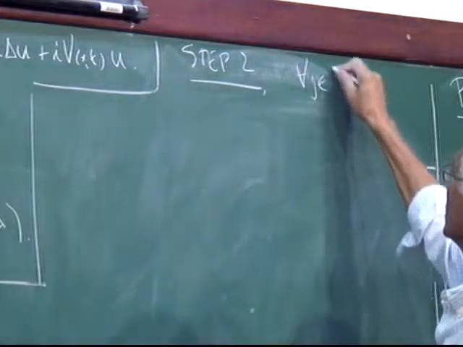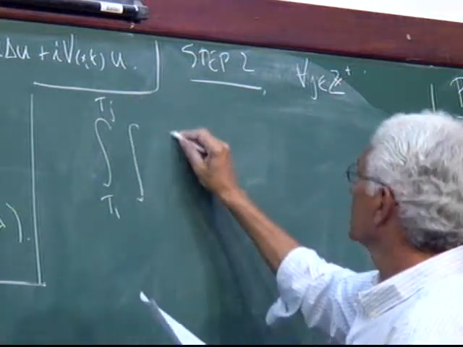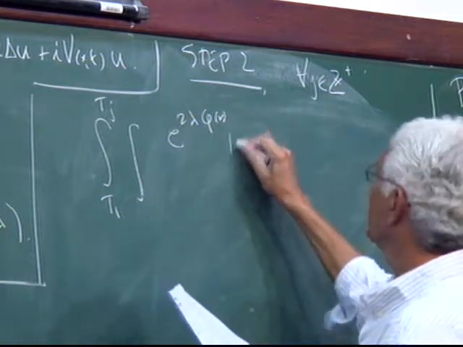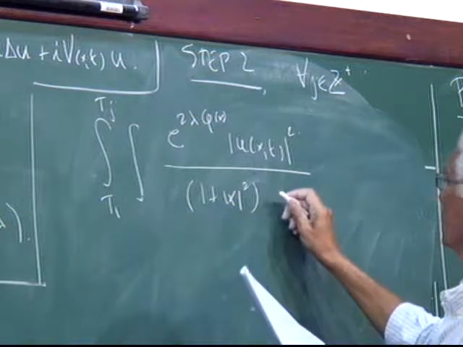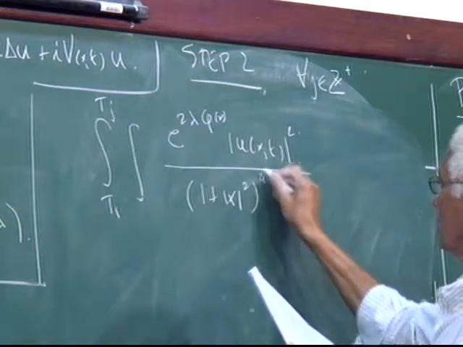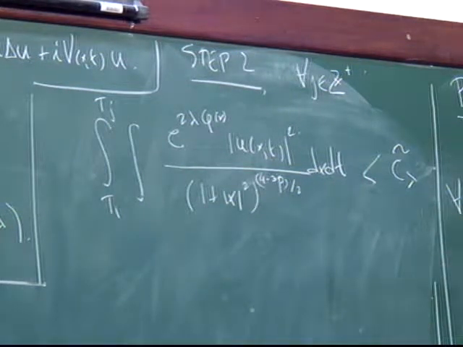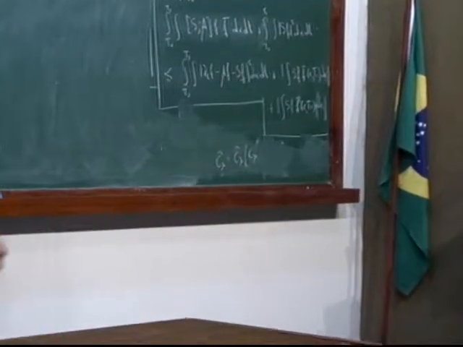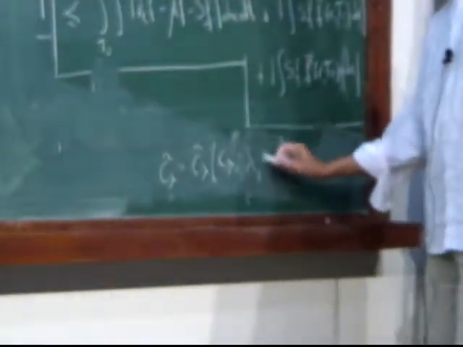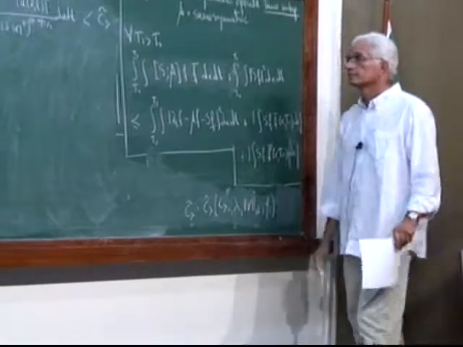Then for all j positive, the integral between t1 and tj of e^(2 lambda phi of x) u of (x,t) squared, times (1 + x squared) to the power (4 minus 3p) over 2, dx dt, is bounded by some constant c lambda, which may depend on lambda, the L infinity norm of this, the p that you have chosen, the alpha, whatever. Okay.